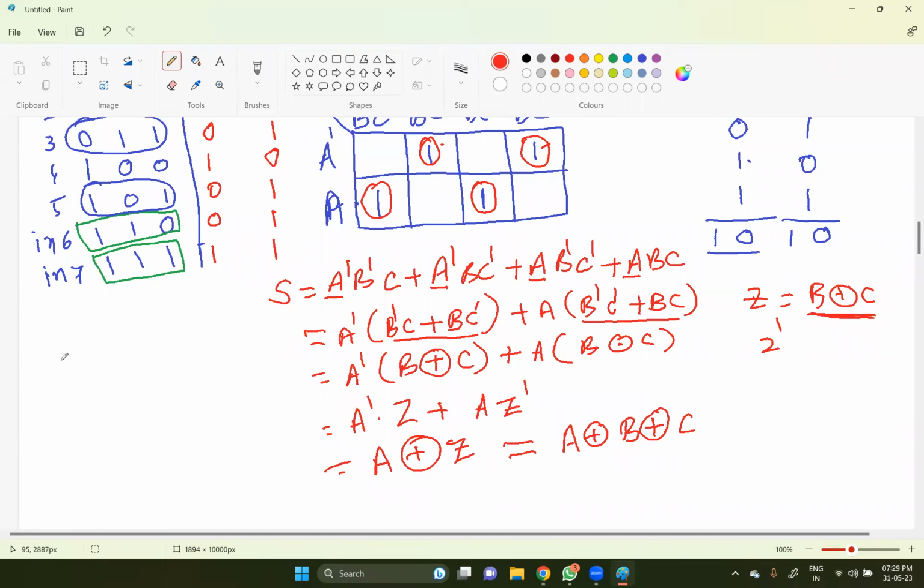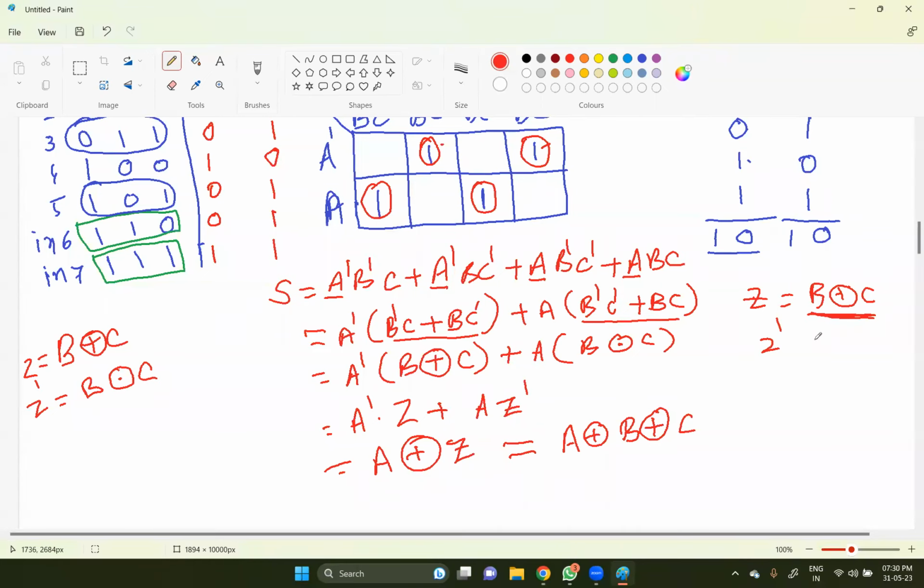So B exclusive OR C will be the particular value, that is Z, and Z complement must be equal to B exclusive NOR C, because it is the complementary form of exclusive OR.